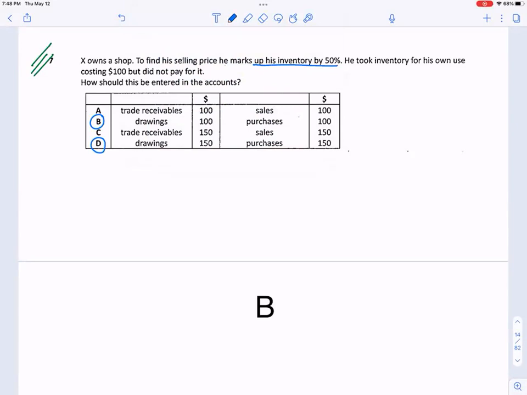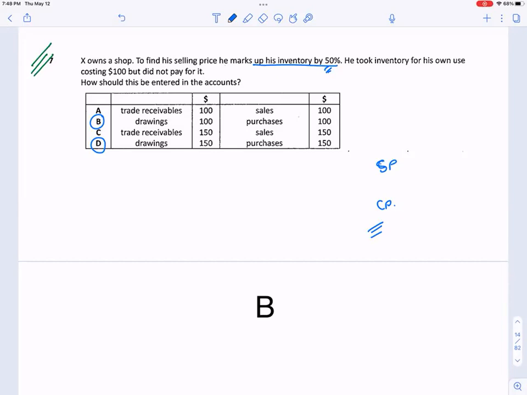Now let's see. Marking up his inventory at 50%, so there will be a selling price and there will be a cost price. He will take the drawings at what price? Selling price or cost price?